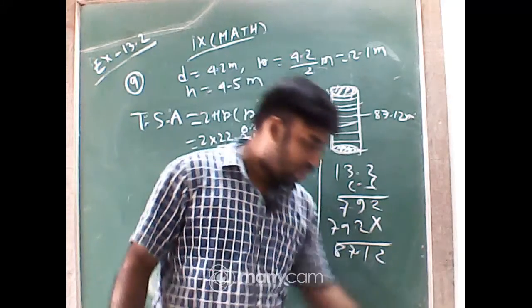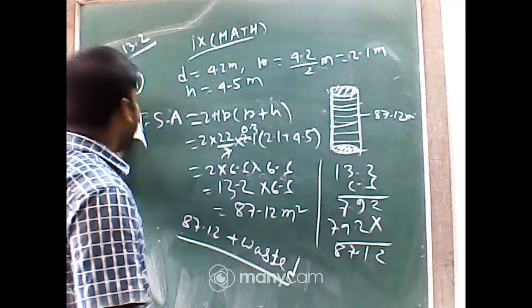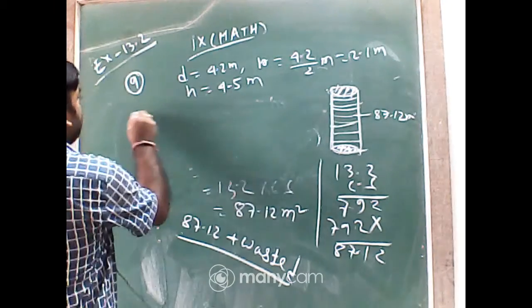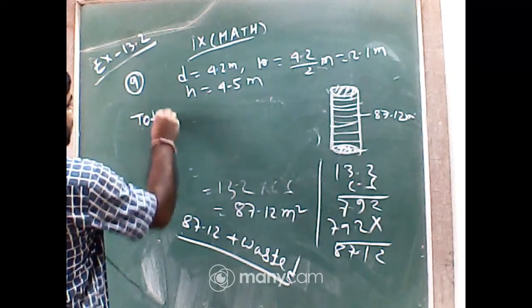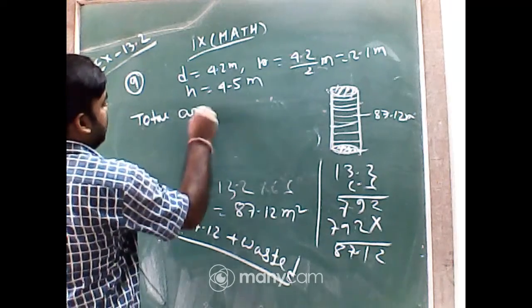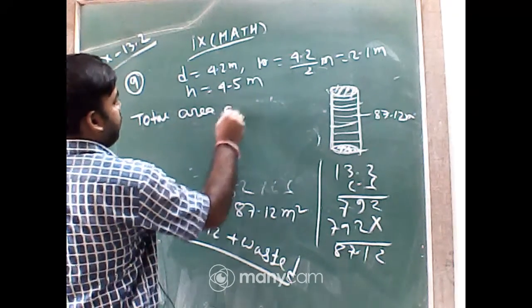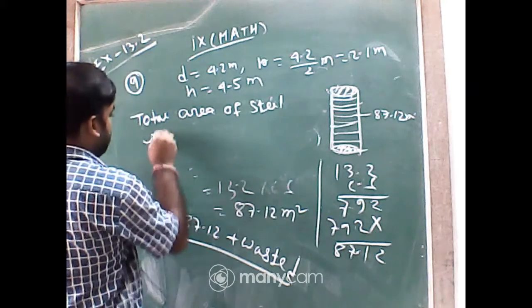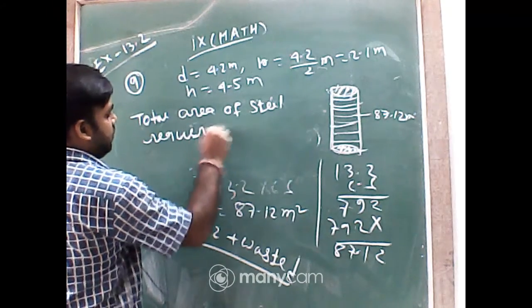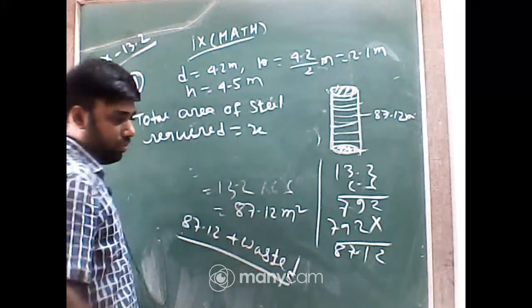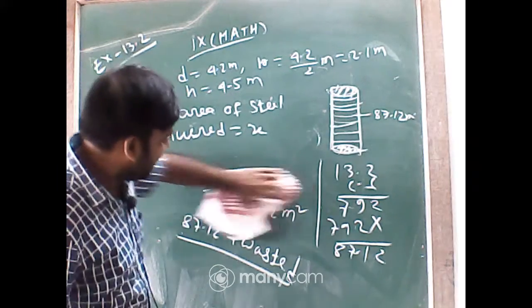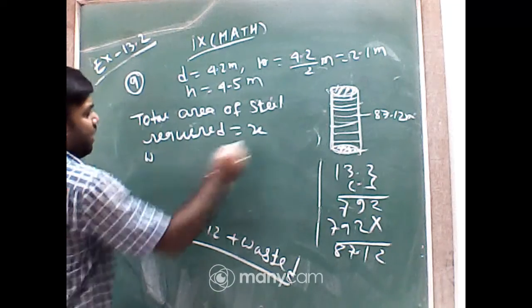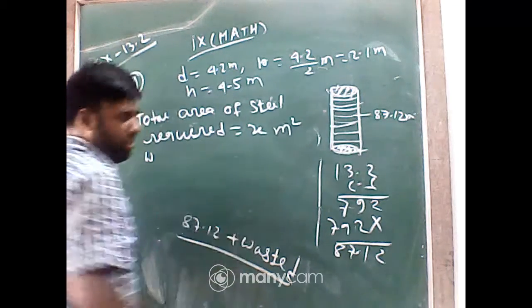Okay, so that's why I am taking total area of steel required, that is x. Okay, that is x. Now wasted amount, you can take x meter square.